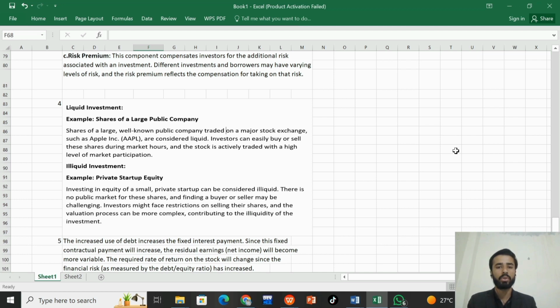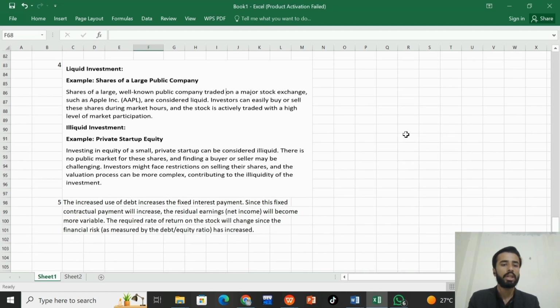We go to the stock market of any country and easily buy and sell shares of the bigger companies listed there. We purchase and sell them easily at any time, so they are more liquid. So I've taken this as an example of liquid investments.